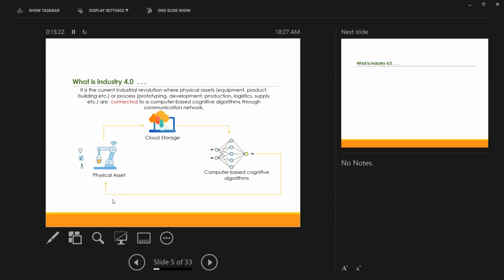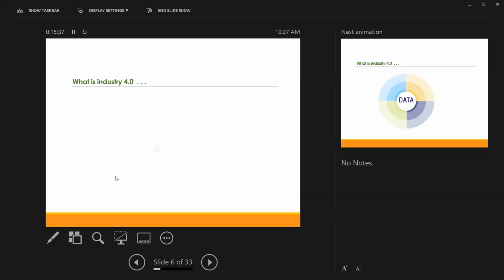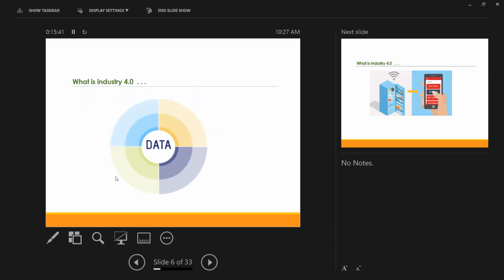So suddenly, the robot is becoming smart. But this is just a simple illustration of the fourth industrial revolution. It is deeper than this. Deeper in the sense that machines are not only smart, they are actually talking to each other by using data.